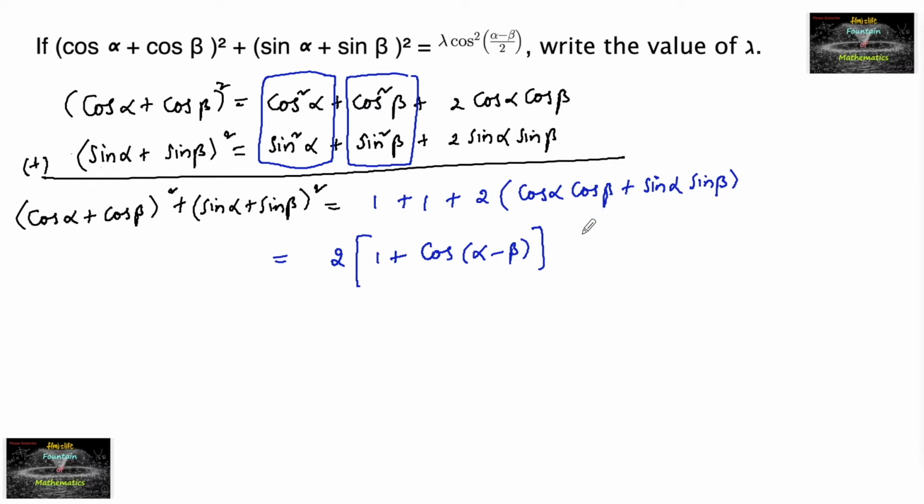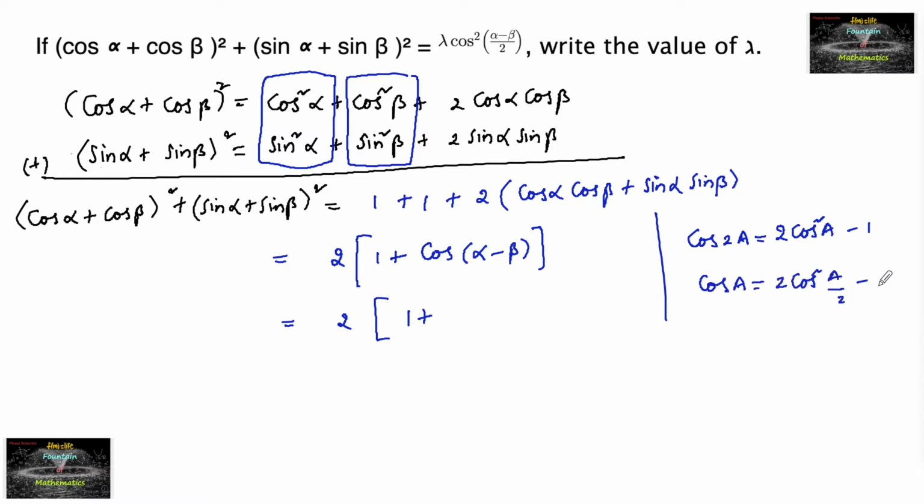Since we know cos(a minus b) is cos a cos b plus sin a sin b, this is 1 plus cos of (alpha minus beta), which equals 2 times (1 plus ...), and since we know that cos 2a is equal to 2 cos square a minus 1, or cos a we can write as 2 cos square a by 2 minus 1.